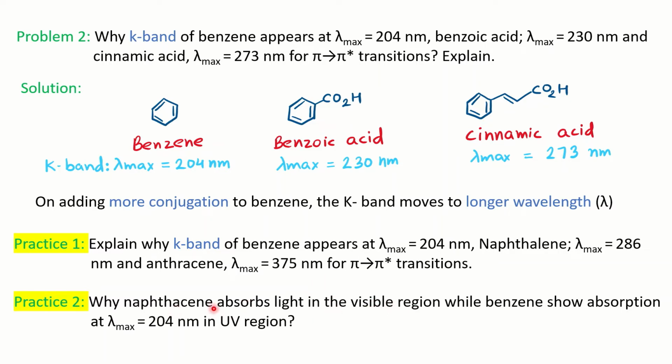So naphthacene is extended one more ring as compared to anthracene. So it will absorb somewhere between 400 to 600 nanometer, means it will show color in visible region. And while benzene, you have 204 nanometer, which they are talking about K band. You can justify your answer by using the same explanation. As the conjugation increases, the K band moves to the longer wavelength.